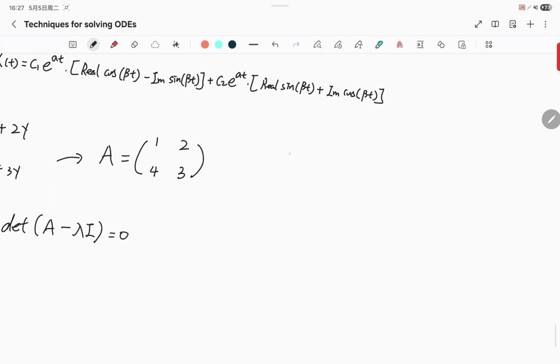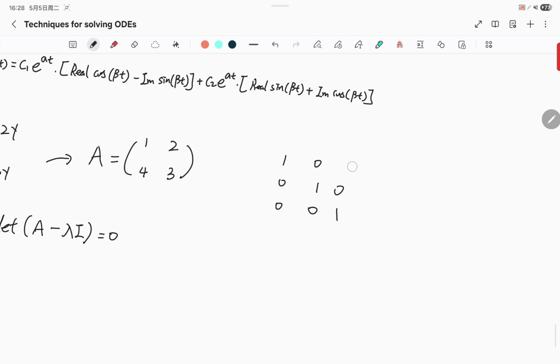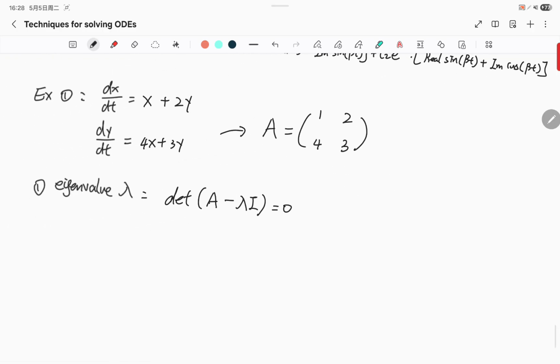The identity matrix, if you have a 2 by 2, is 1, 0, 0, 1. If you have a 3 by 3, it's like this: the diagonal being 1, 1, 1, and all the other entries being 0. This is the identity matrix.